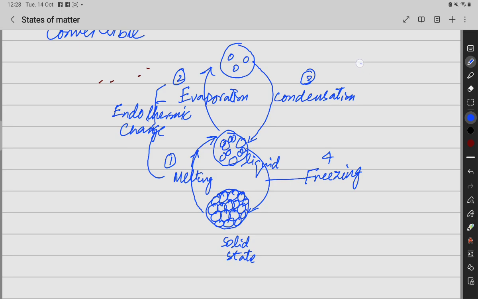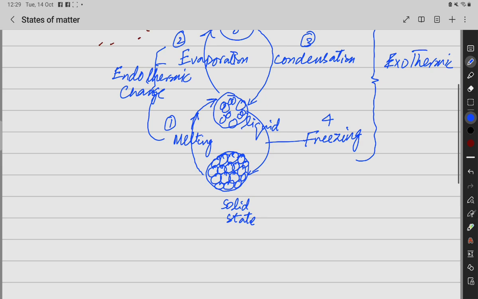But these two processes are exothermic because heat is lost during this process and particles come closer to each other and change into liquid and then into solid state.